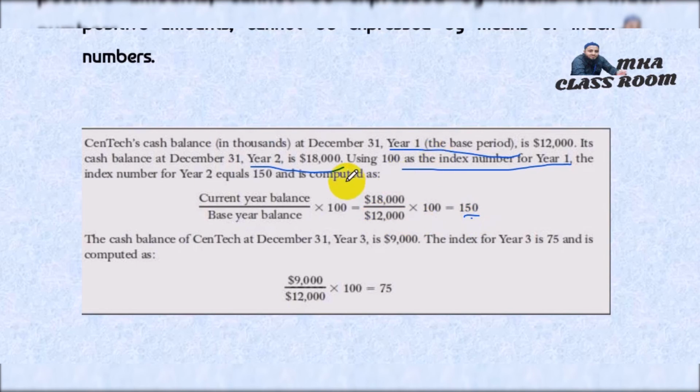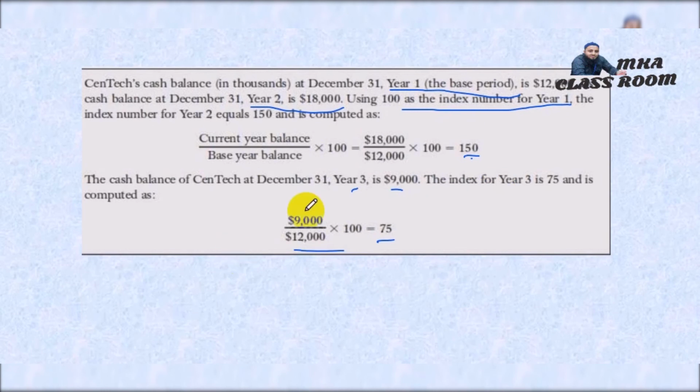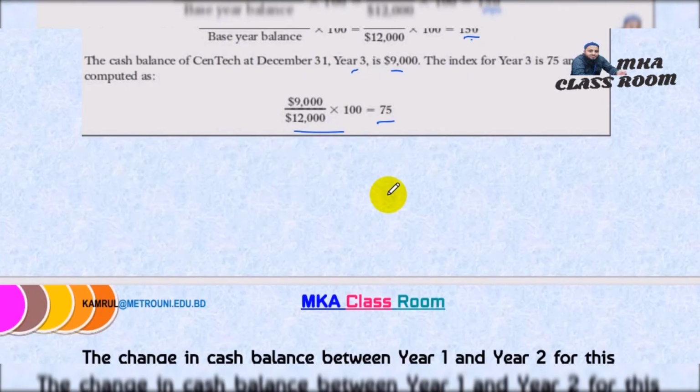That means year 2 the cash balance is 150. In the same way, year 3 the cash balance is 9,000. Then the index number says that is 75%, according to the comparison of base year, because base year is 12,000. So you can calculate these percentages in this way.